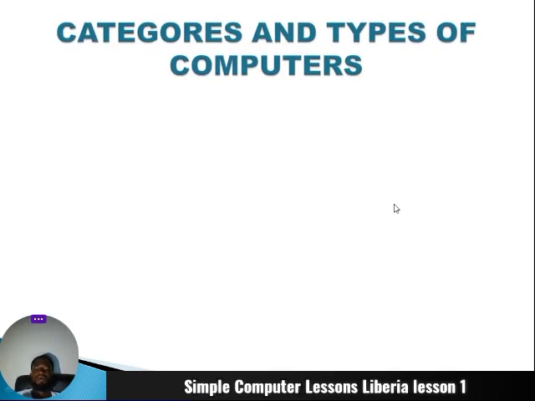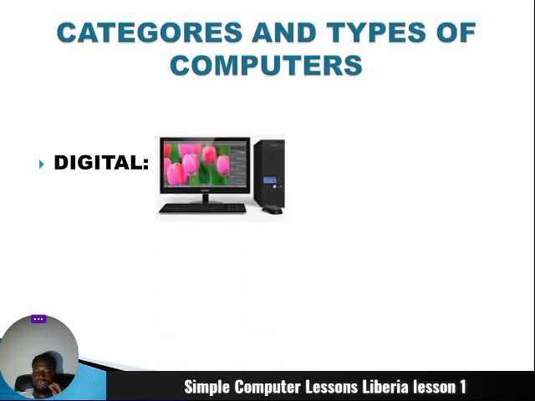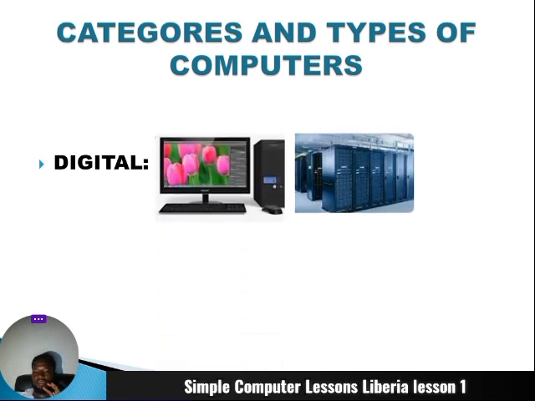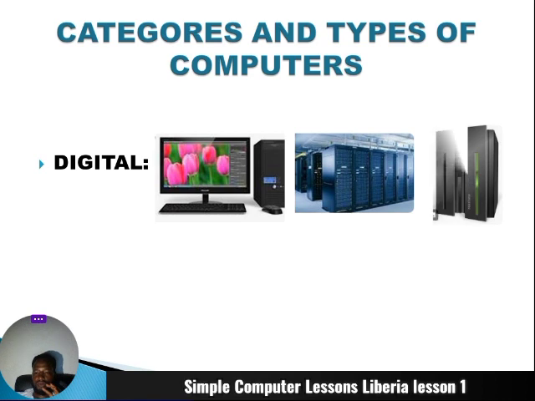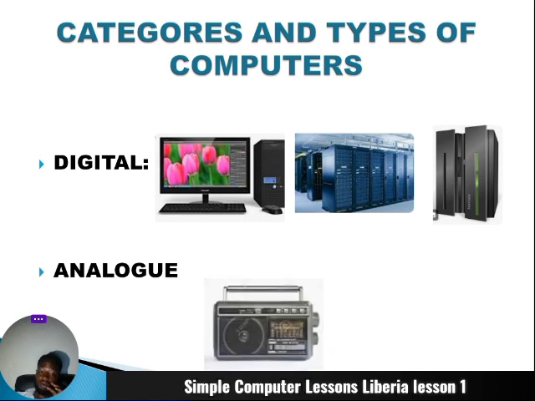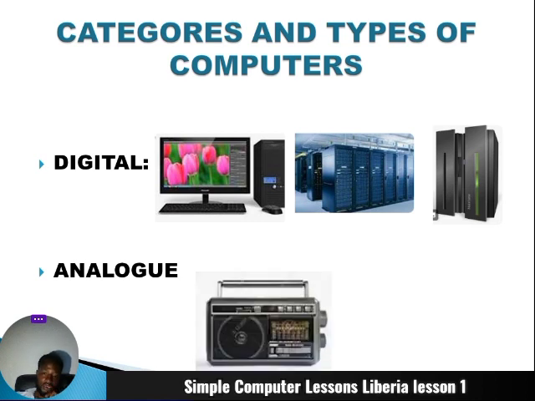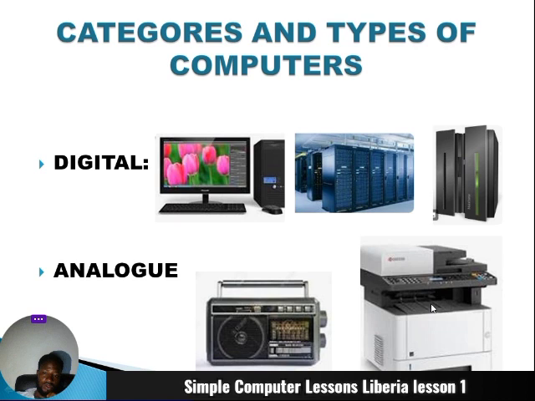Now, with all these classifications, we have 2 categories of computers. First, we have the digital computers, like the examples you see right now. Wherever you see these computers, you know that they are digital computers. Then you have the analog computers, like this radio, and the printer.